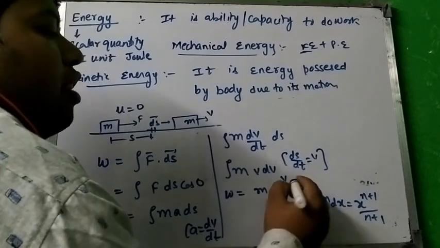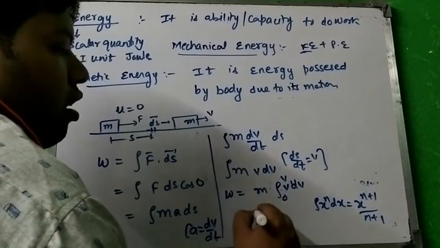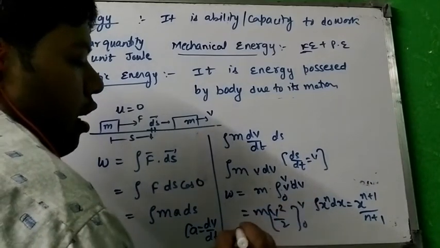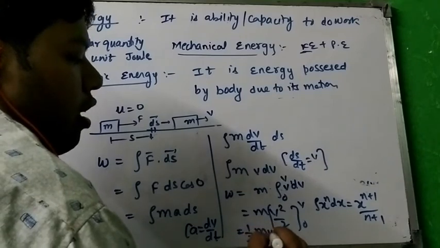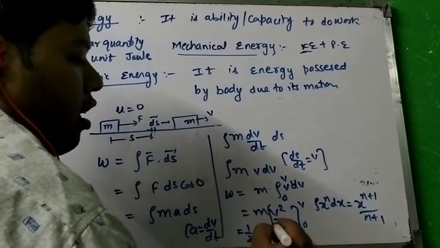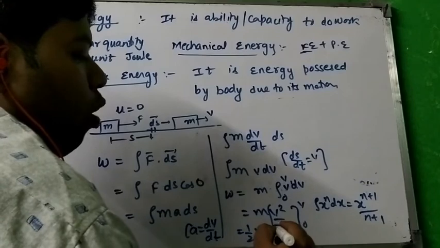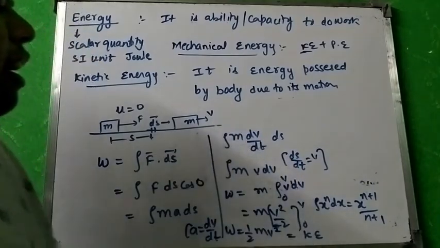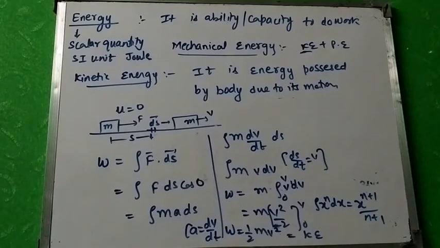So the integral of v dv is m v square by 2, limit 0 to v, which equals half m v square. And this work done is stored in the body as kinetic energy.